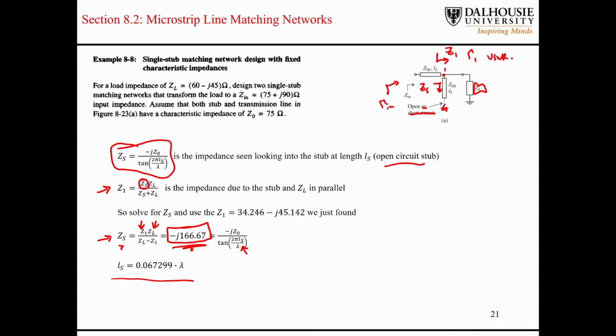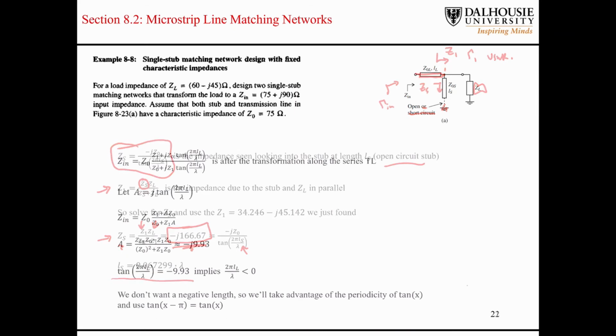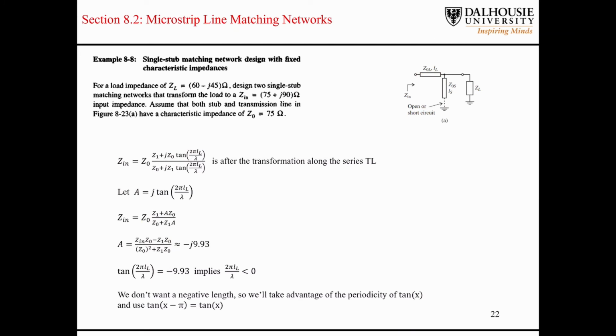So now the next step is to figure out the geometry of this series transmission line. So we start with our fundamental equation for impedance transformation along a transmission line. To simplify our math a little bit, we make another substitution. So we end up with this formula here. When we solve this formula for A, we end up with this expression.